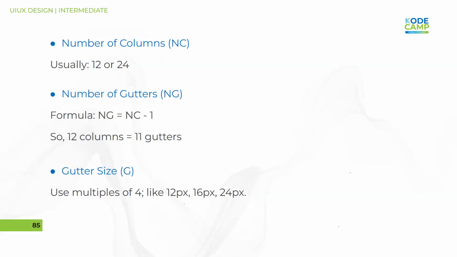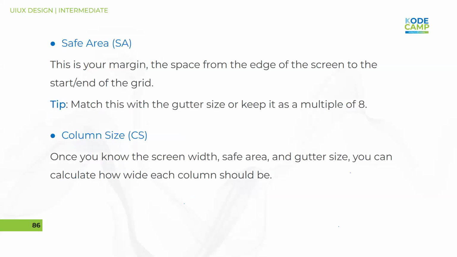All right. So gutter size is always a multiple of 4 or a multiple of 8, like 4, 12, 16, 24, and the likes of it. And we also have what we call the safe area, SA. This is your margin, the space from the edge of the screen to the start and end of the grid.